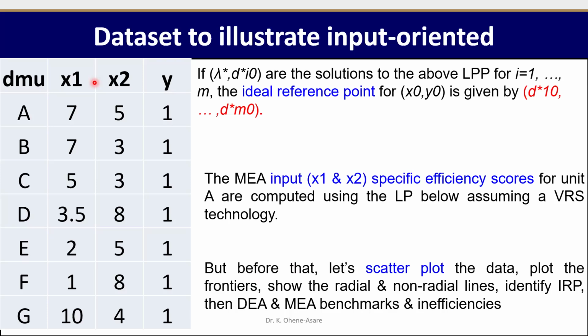Okay. Chris, if you were highlighting, which ones would you highlight to scatterplot? X1 and X2. You mean you highlight all of them downwards, right?